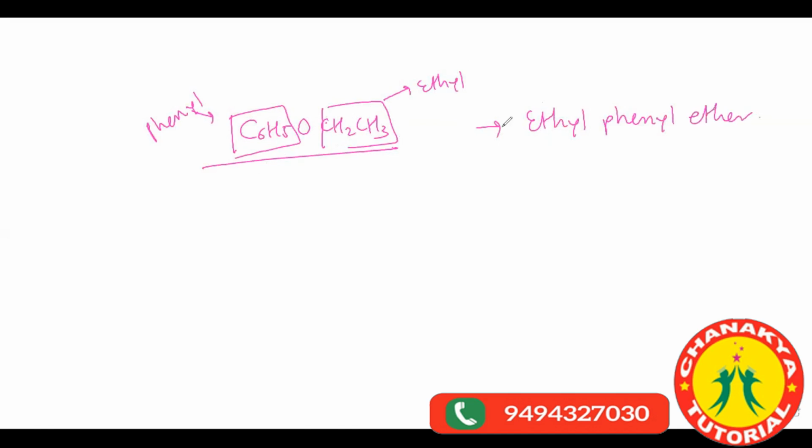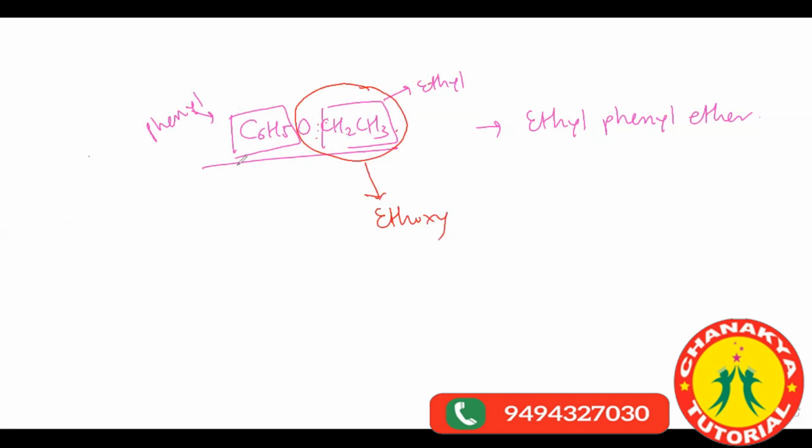What would be your IUPAC name? In IUPAC name, I'll change the color. You have to consider this group together, because it's the lowest hydrocarbon, right? OCH2CH3 means it is an ethyl group attached to O. It becomes ethoxy, correct?